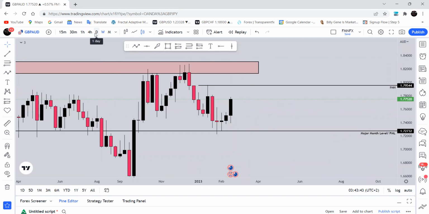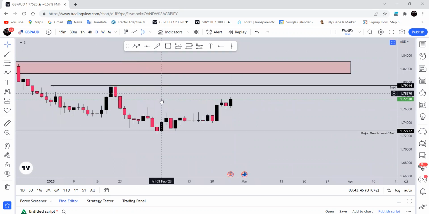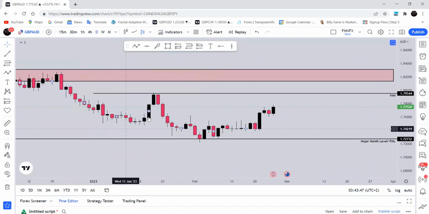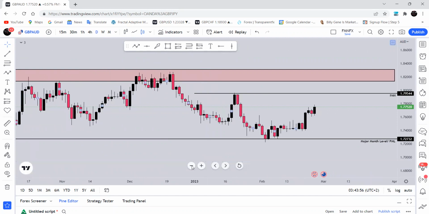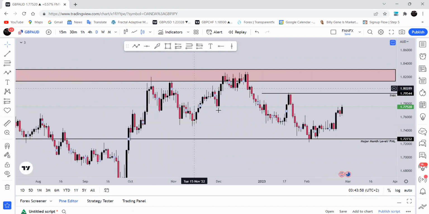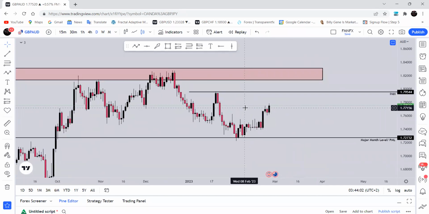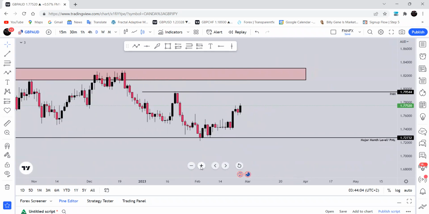Let's go to the daily time frame. Kind of see a double bottom. That's kind of funky, but it is what it is. It's like a big old consolidation, honestly. It's bouncing, but still money to be made. So the monthly, the weekly, the daily all say buy, and look what happens.